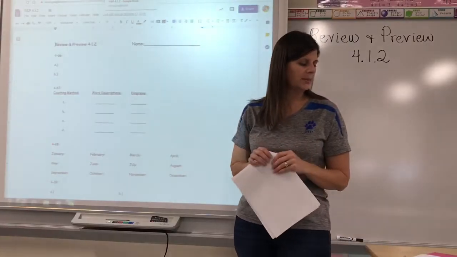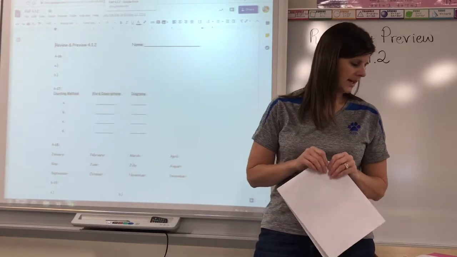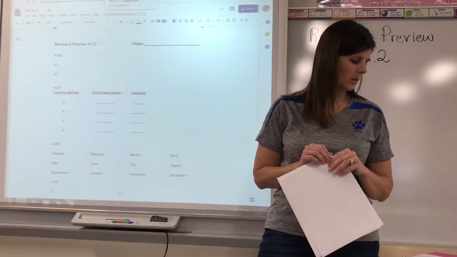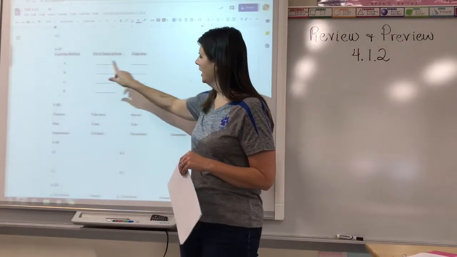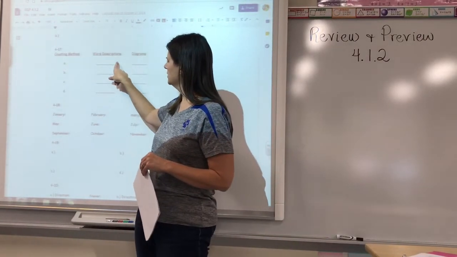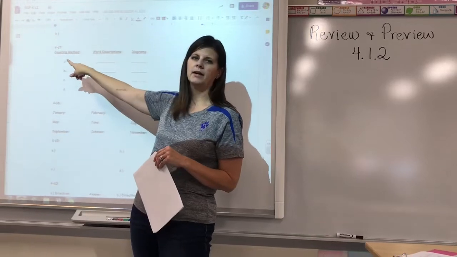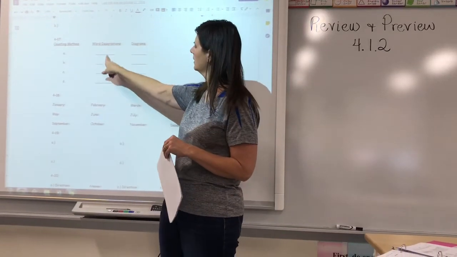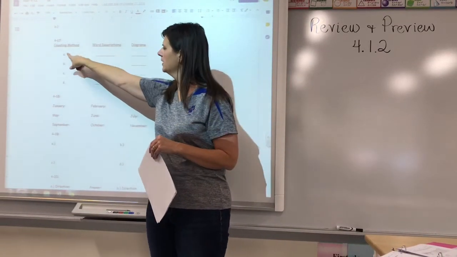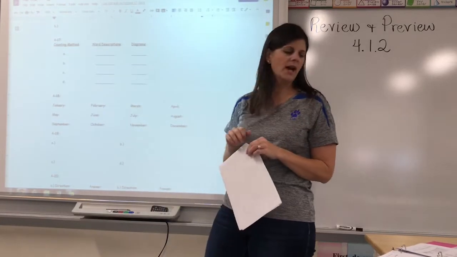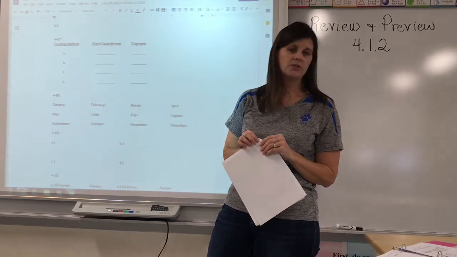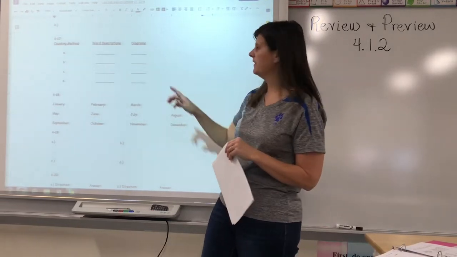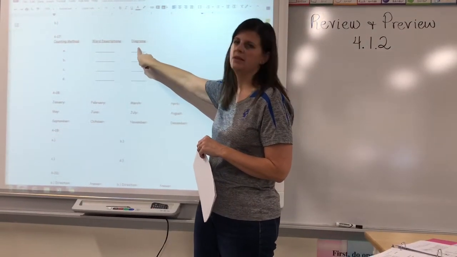So if I look at part A, it says 4 times 10 minus 4. On my answer sheet for this part, whatever I decide is the best word description that matches part A, I'm going to write that number in the blank next to part A. Whichever diagram I feel best represents that counting method for part A, I'm going to write the capital letter of that diagram in this space.